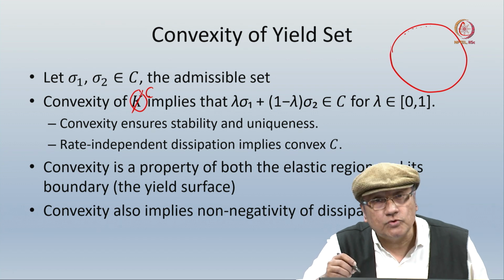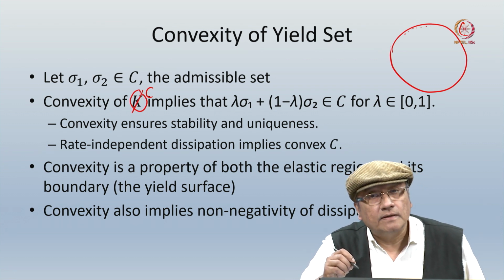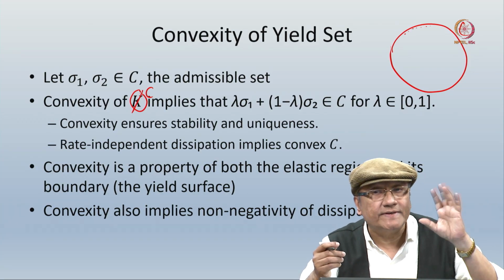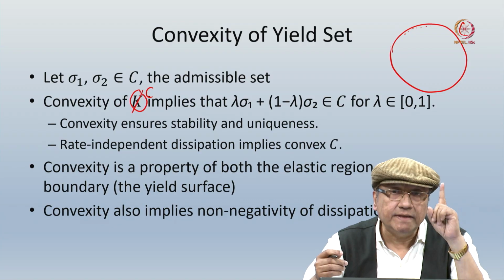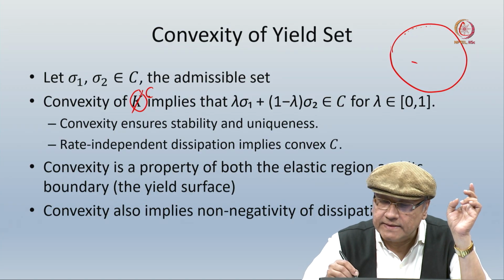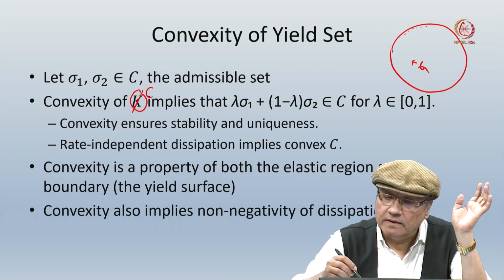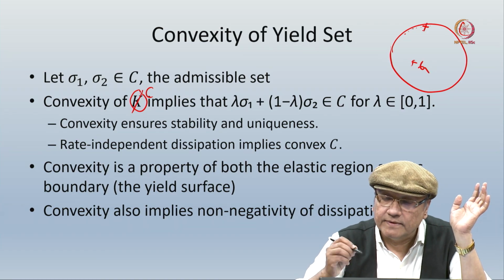So, take any two elements of this C, because C consists of stresses, right. Any point of C like this point will be a stress, call it sigma 1. Okay, take another point here, this is sigma 2, correct.